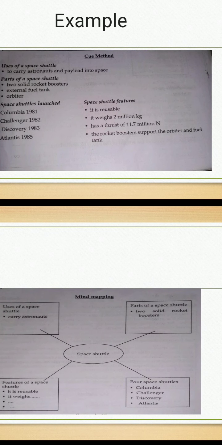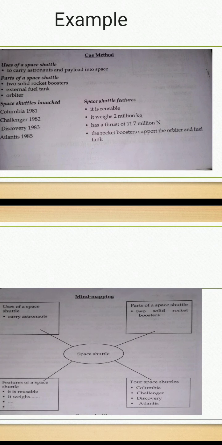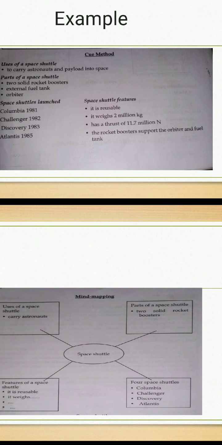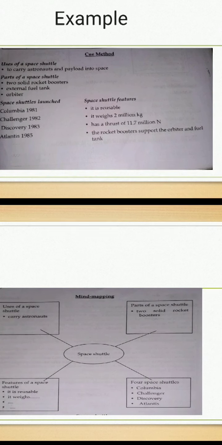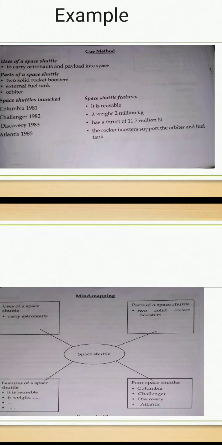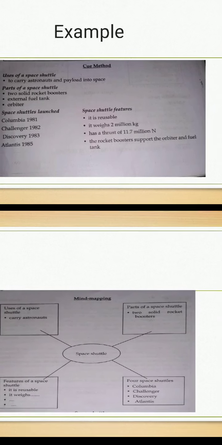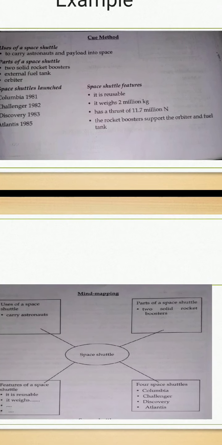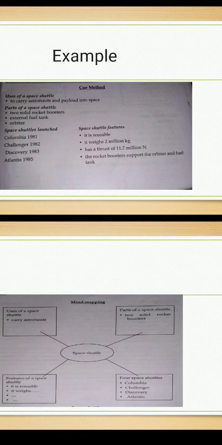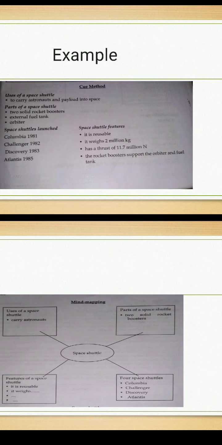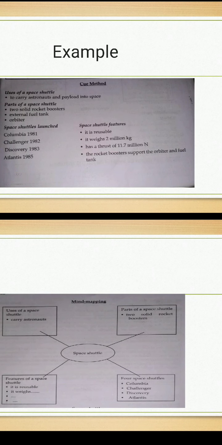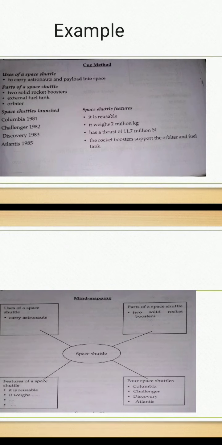What you have to write here is the use of a space shuttle. The important point is carrying astronauts. Under it is another feature of the space shuttle: it is reusable, it weighs so and so, and whatever other points you can write under it.